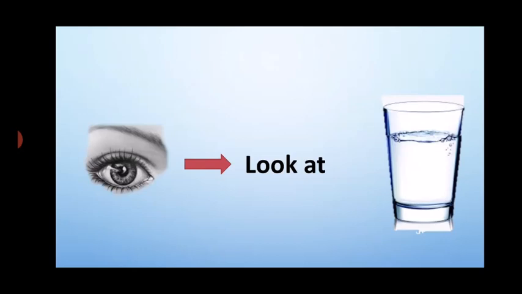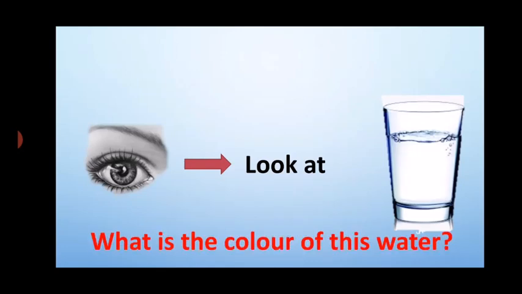Does this water have any color? What is the color of the water in this glass? Is it white or green or red? Does the water in this glass have any kind of color? I cannot see any color in this particular glass of water.